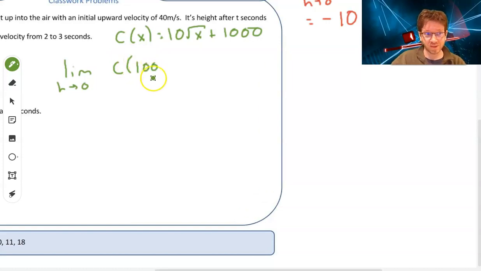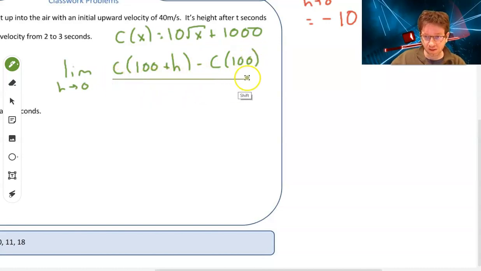The rate of change once we've made 100 calculators, plus a little tiny bit h, minus that cost at 100, which we solved for in part A, all over that little tiny bit h.